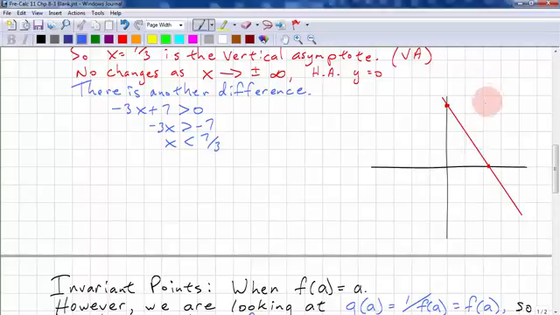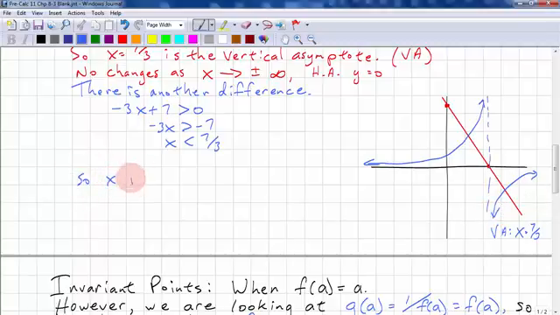Okay, let's plot our vertical asymptote. To the left of the vertical asymptote, we're plotting above the x-axis. And to the right of the vertical asymptote, we're plotting below the x-axis.